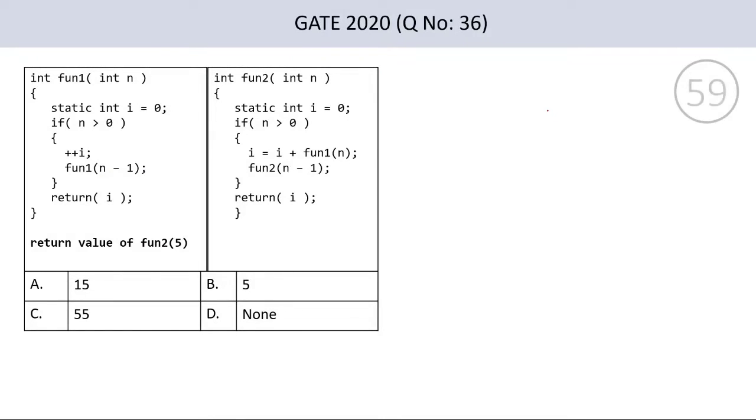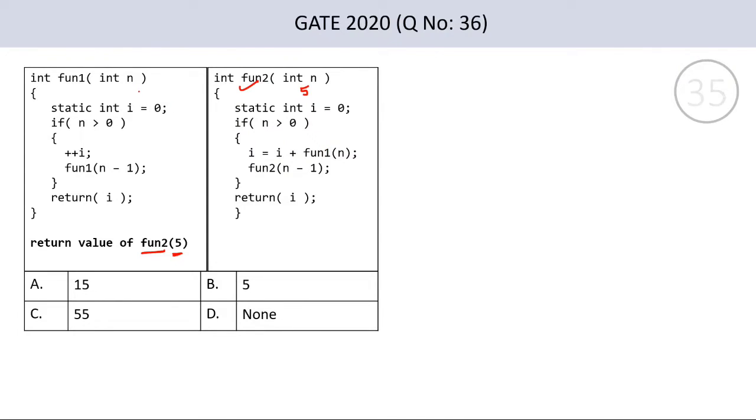You have 60 seconds to solve this question. Meanwhile, I will read the question for you. There are two function definitions, function 1 and function 2, and you are asked what will be the returned value of function 2 when you pass the value 5. In function 2 you are calling function 1 also.